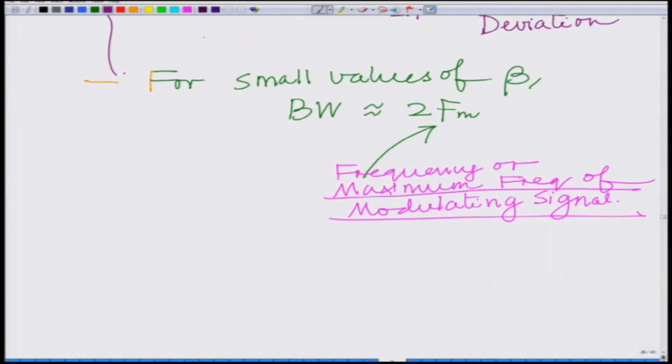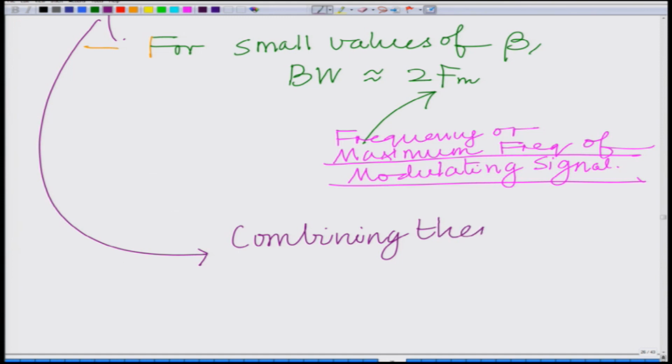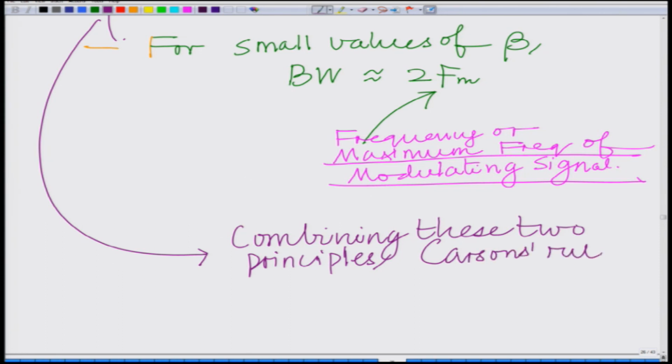Okay. Now, we combine these two principles, Carson's rule of FM signals.